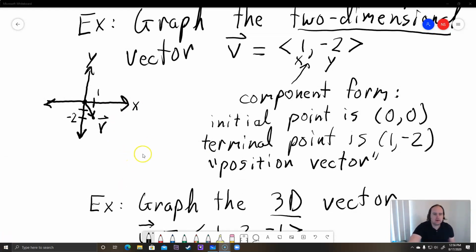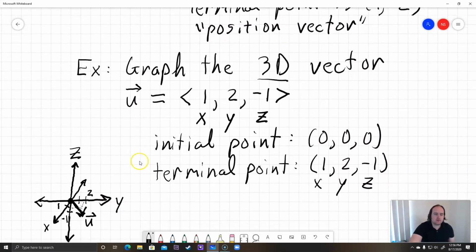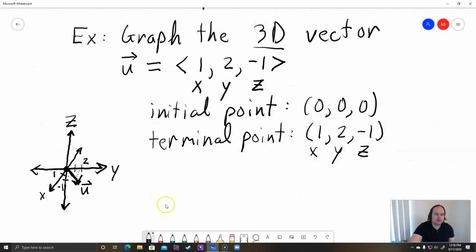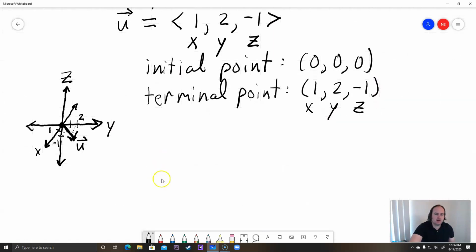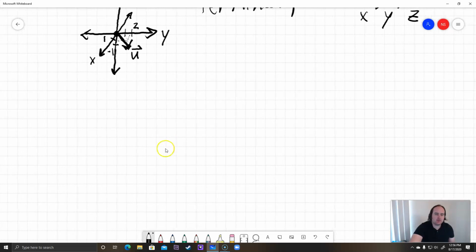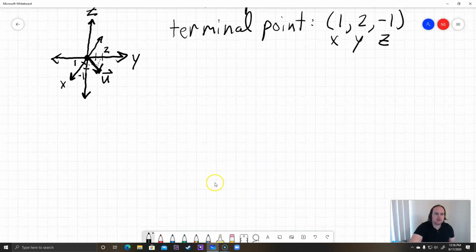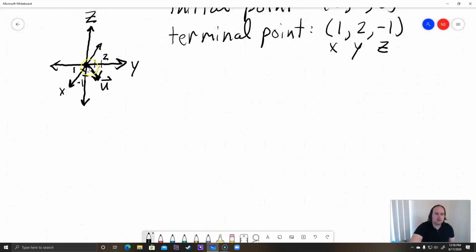So that's the basics of graphing vectors. We're not going to be doing much of that in your homework, but it's important to understand what vectors actually are before we start doing math with them. We've talked about these vectors, and we know that they have a little line segment with a direction.